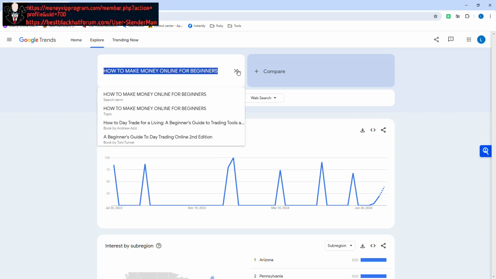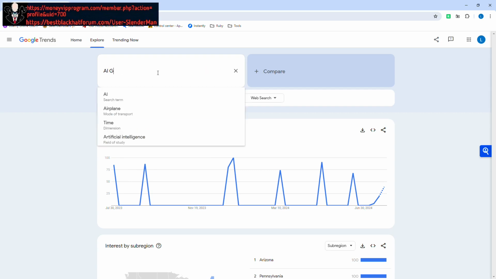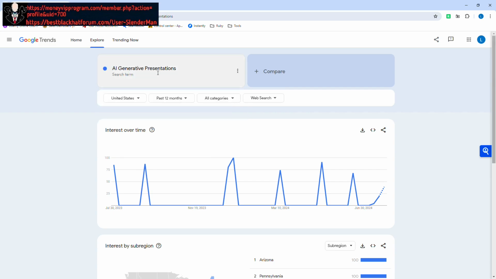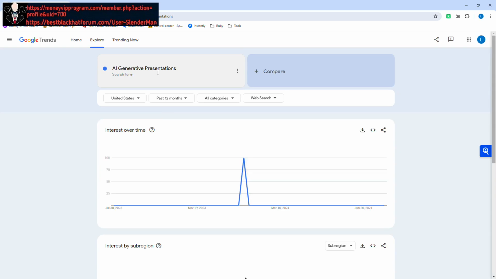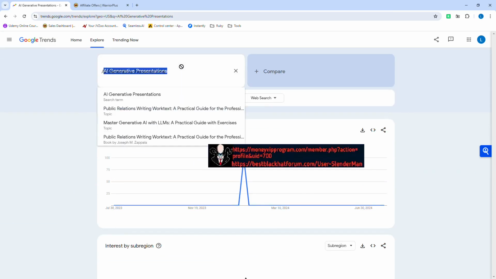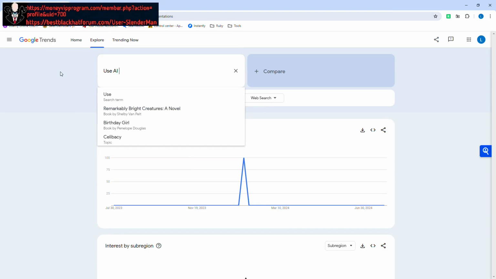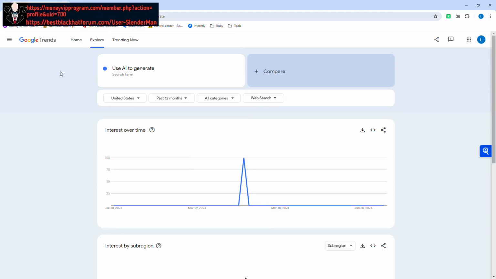It's interesting, though, when you compare terms, like let's say we found AI generative presentations. See if we can find some correlative data. And we do see one earlier in the year, but it's not a breakout term. It doesn't have a lot of search. Use AI to generate.